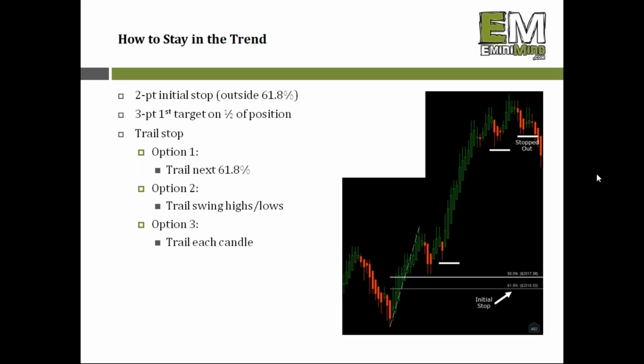You free up some of your risk. At the time that I get that first target hit, I'm also moving my stop to break even because the trade's gone in my way a fair bit. And so now you can sit back with a very clear head and you know exactly how you're going to manage that trade.